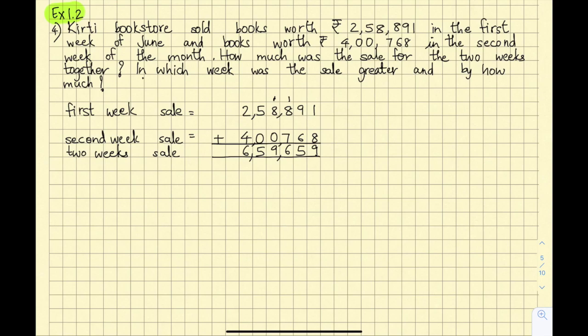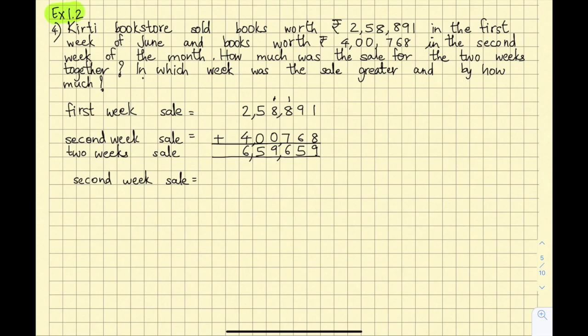So for that what we do is we do the subtraction. We do subtraction and we have to find out the sale greater than. So for that we write second week sale. And in subtraction always the bigger number is written on top, or the bigger one is written first.